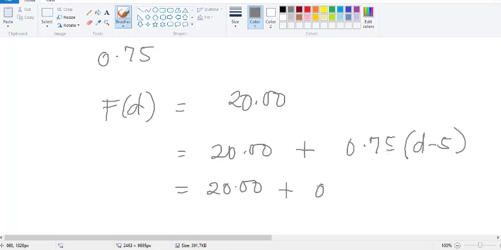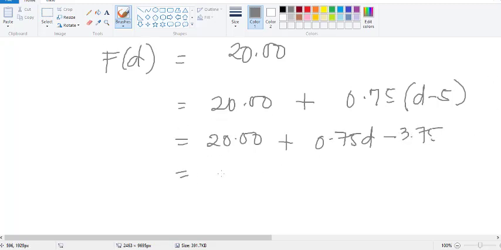So, 0.75D minus 0.75 times 5. Guys, nag-distributive property ako ha. Baka nalilito kayo somehow, pero nag-distribute lang ako. Gina-distribute ko lang siya. So, negative 3.75. And then, just combine like terms. So, 0.75D plus, I should say, 20 minus 3.75.